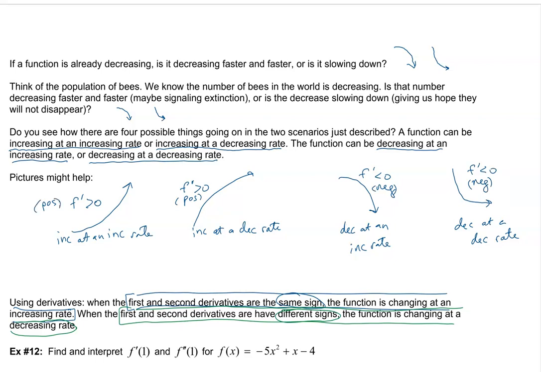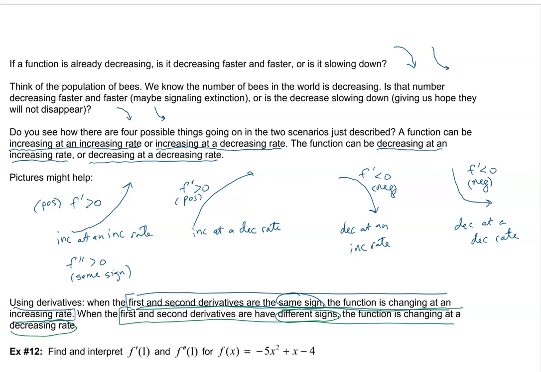And if we don't really know about the second derivative, but I can see that the description of the first graph was increasing at an increasing rate, this has the same sign second derivative. So the second derivative is also positive.